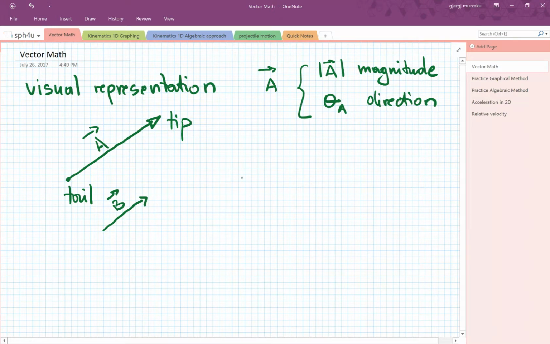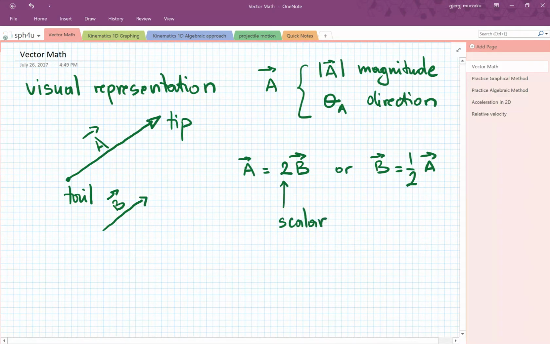Of course, if I draw another vector that is like this one, what can I write about these two vectors? If I were to compare them, I would say that A is roughly equal to twice vector B, or I can write B is equal to half of vector A. And this operation, 2 times B, this is a scalar, of course, and that's a vector.